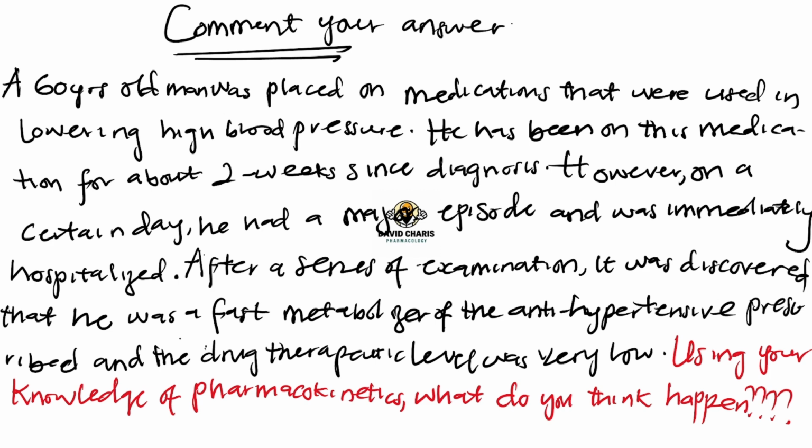After a series of examinations, it was discovered that he was a fast metabolizer of the antihypertensive drug prescribed, and the drug therapeutic level was very low. Using your own knowledge of pharmacokinetics, using your own knowledge of ADME, what do you think happened?